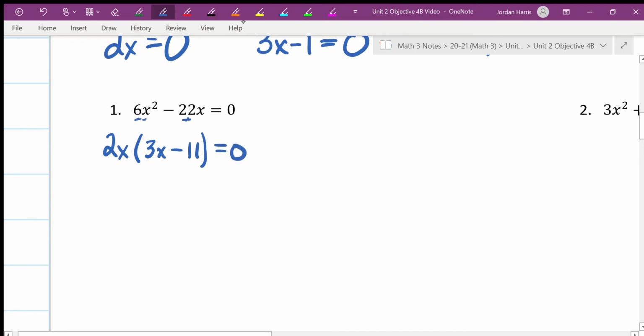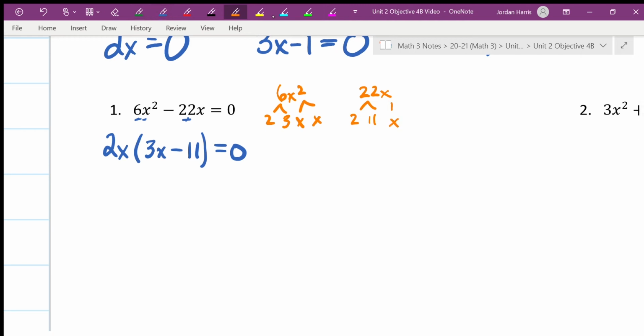If you are having trouble seeing that, break it up. So 6x squared, that 6 breaks up into a 2 and a 3. The x squared is an x and an x. And then the negative 22x, it's going to be a minus in between them. The 22 breaks up into 2 and 11, and the x is just x.